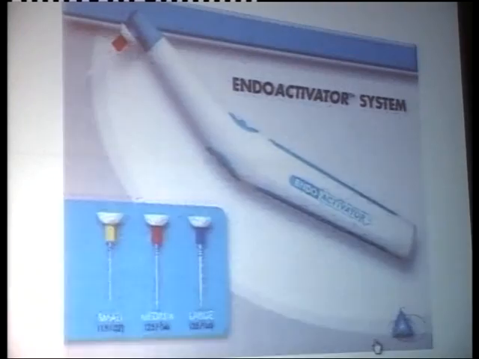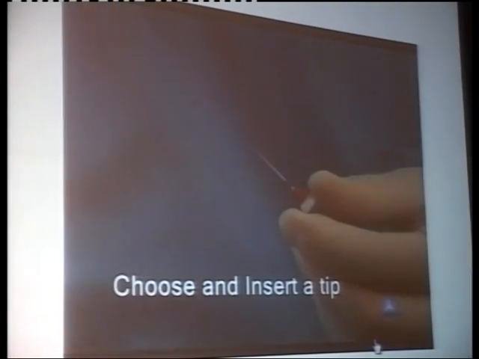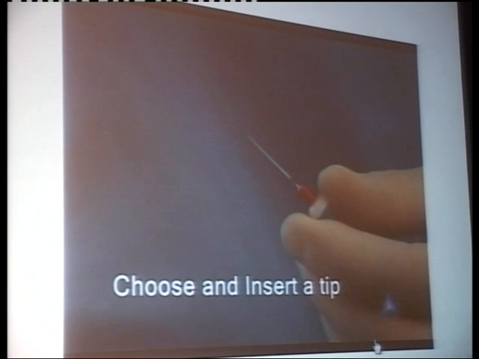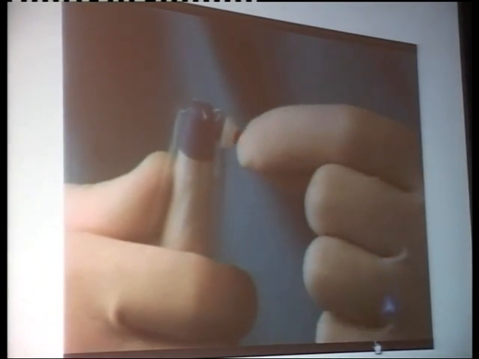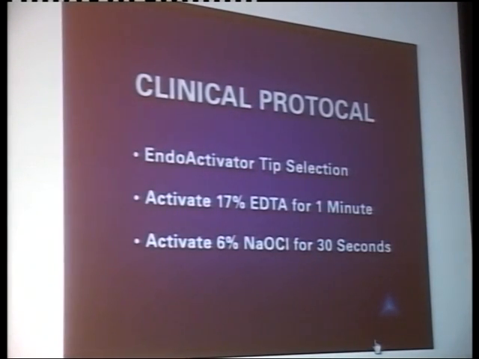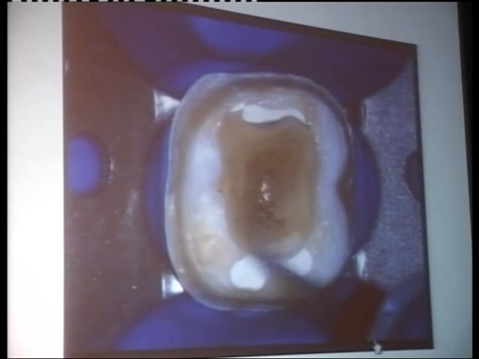And the instrument can be used in that situation. This is the tip diameter. That is the tip. This tip should be smaller than the prepared canal. If you prepared it to 45, that is, it is the medium. The diameter of this EndoActivator should be smaller than the preparation. Otherwise, there is a chance of fracture.